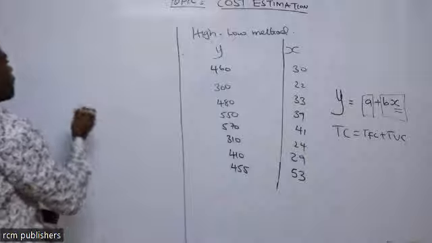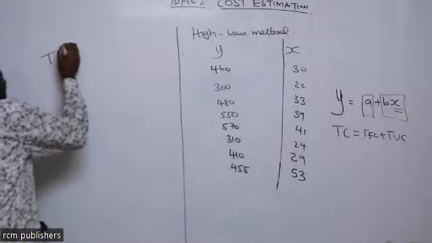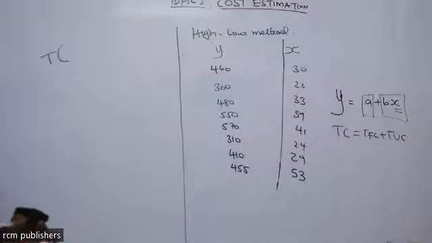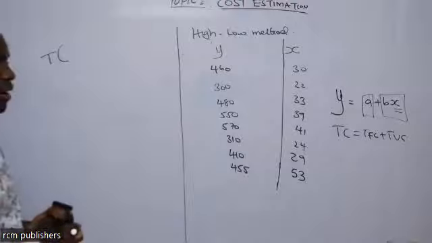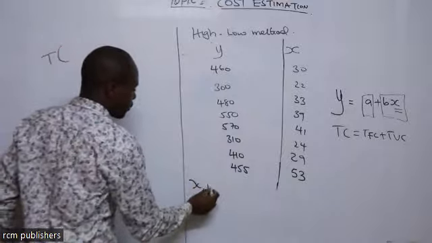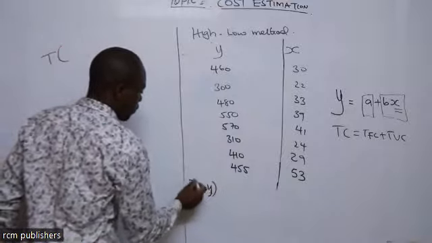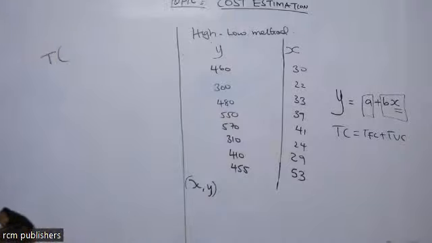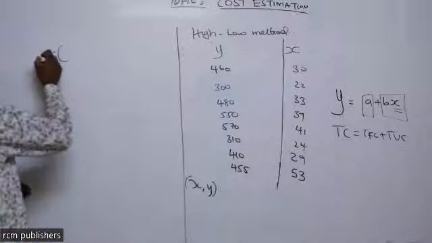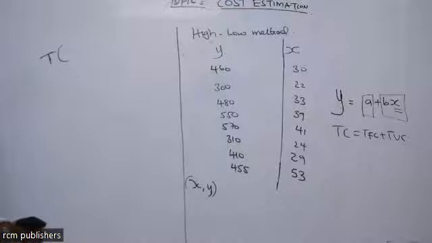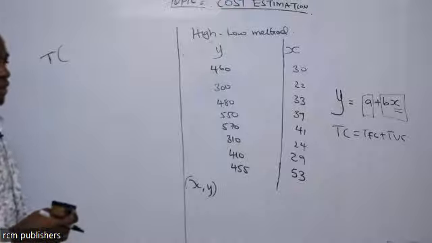So let's have the first coordinate. The first coordinate should be of the highest value. Can someone tell us the combination? And remember, when you're going to give the coordinates, we normally start with x, comma, y. Let's call it coordinate T. What will that coordinate be? 53.